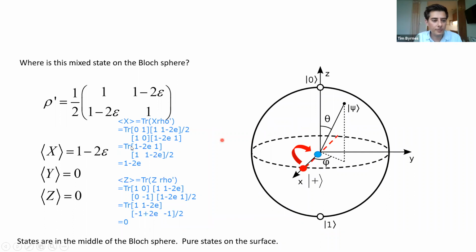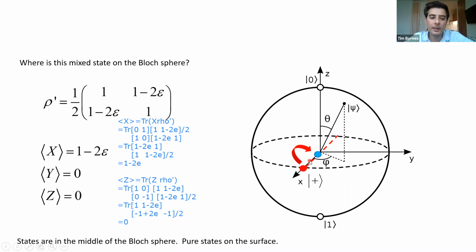So of course, if the error doesn't happen, so if epsilon is 0, then this x is at this position on the Bloch sphere, pointing in the x direction, and this is because no error happens, so it's exactly the same state. But when epsilon is a bit larger, then this position will gradually go more towards the interior of the sphere.